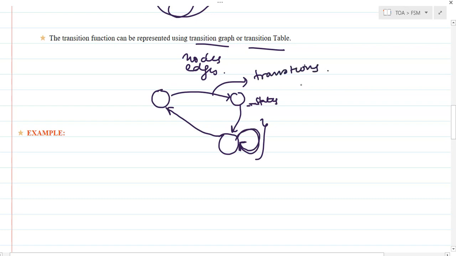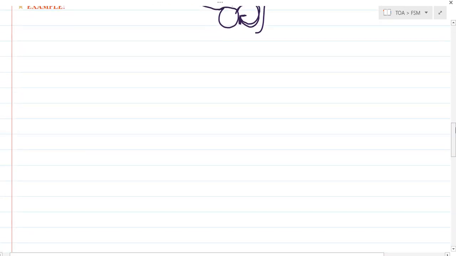Now I'll randomly try to draw a graph over here, so that you'll be able to understand what a transition graph may look like. We'll take an example with three states: state A, state B, and state C. Finite automata has an initial state, so let's make A our initial state.